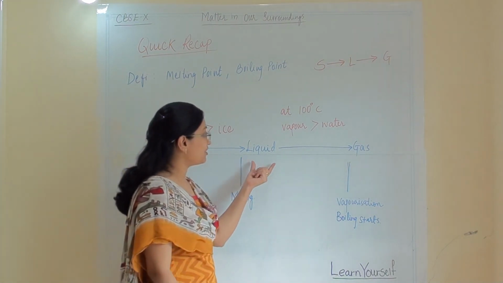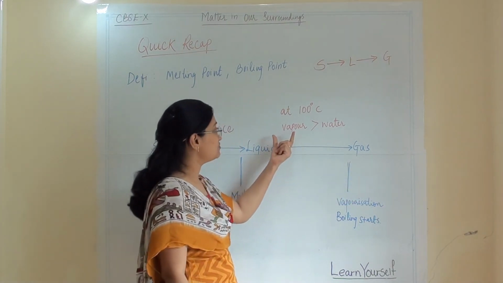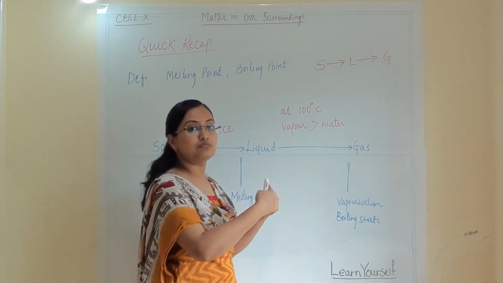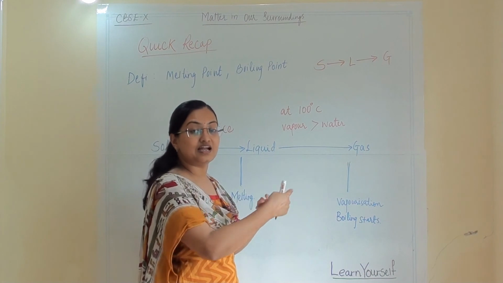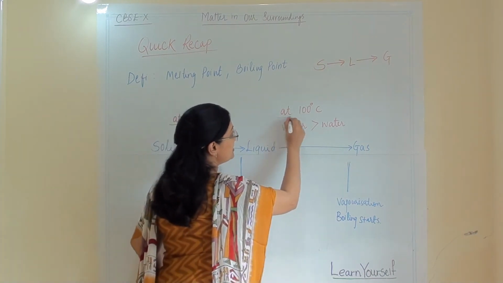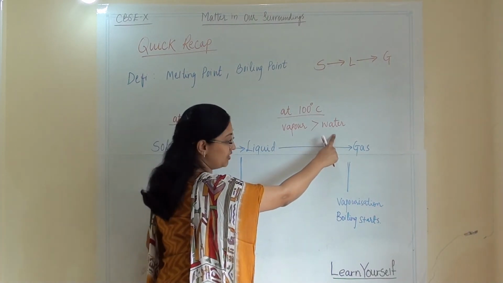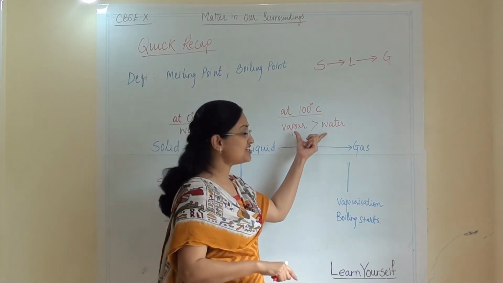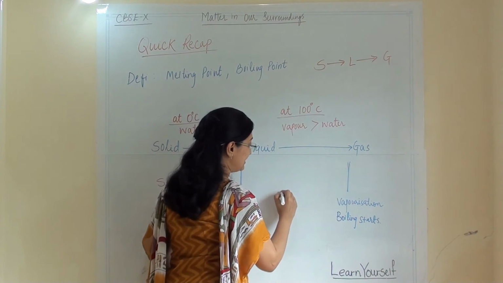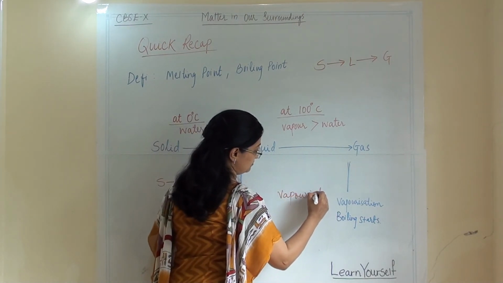Now when liquid converts into gas, that means when water is boiling, it is converting into steam, changing its state by vaporization. So at 100 degrees centigrade, vapor has more energy compared to water particles. They are absorbing latent heat of vaporization.